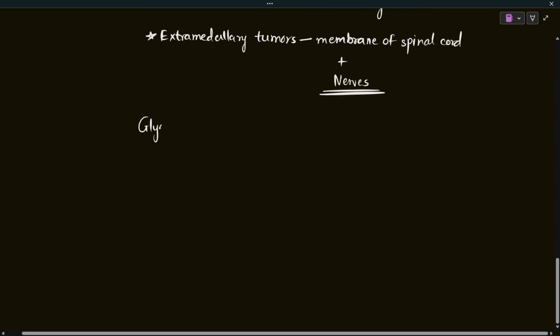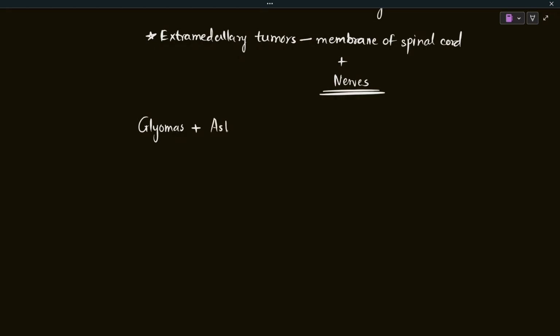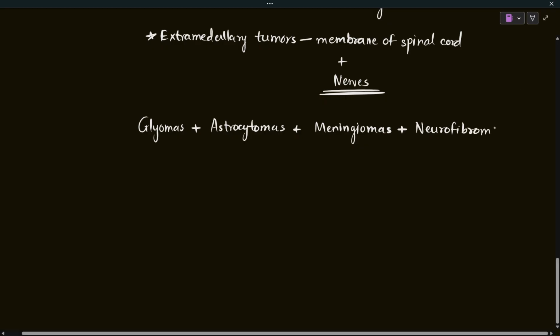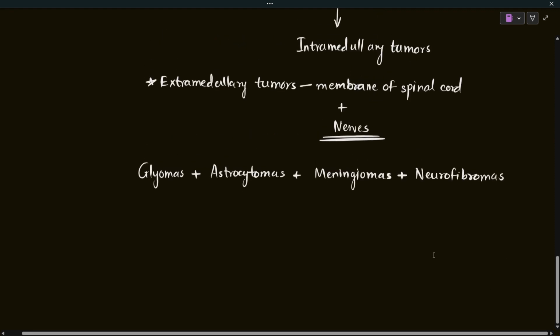Gliomas, the astrocytomas, meningiomas, and neurofibromas. So this is how we classify the tumors, based on which cell type they are arising from.